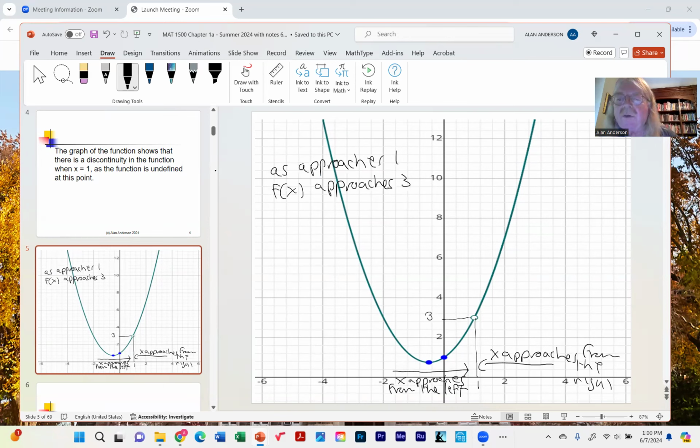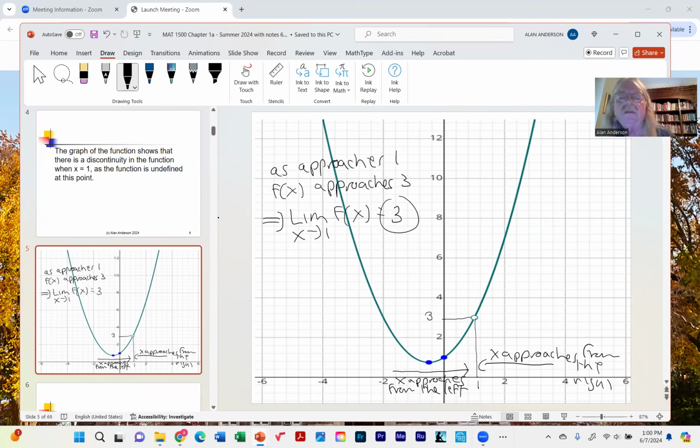So even though it never quite reaches 3, the fact that it's getting infinitesimally closer to 3 means that the limit of this function as x approaches 1 is equal to 3. So even though there's a hole in the function there, we still have a limit.